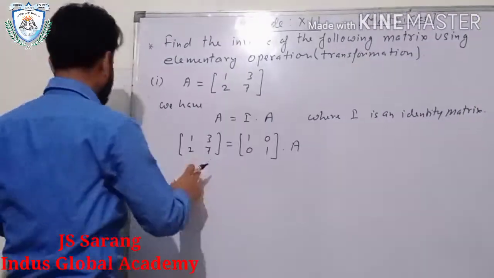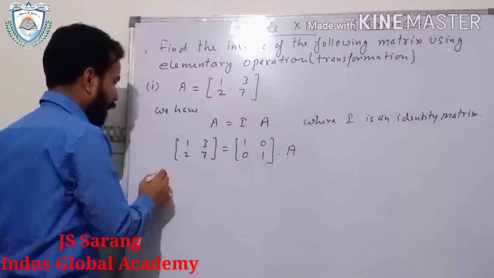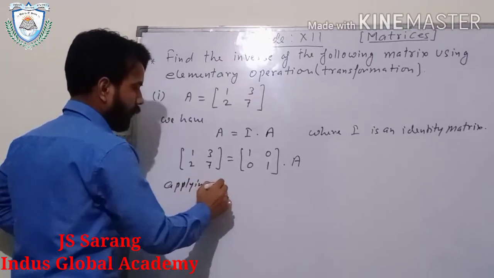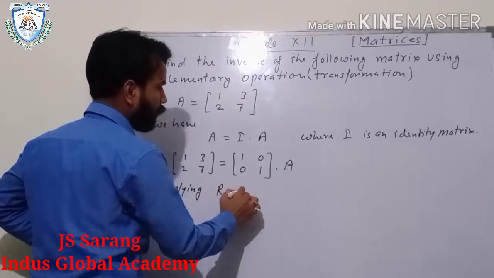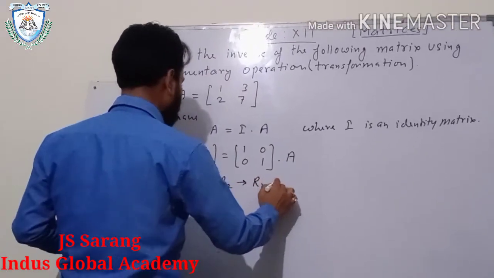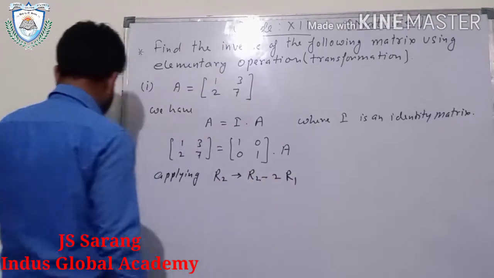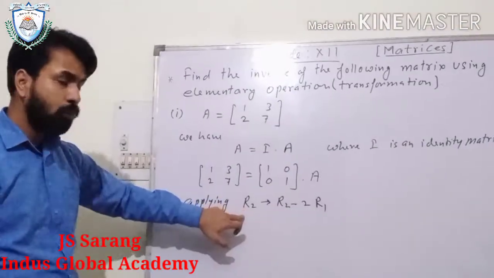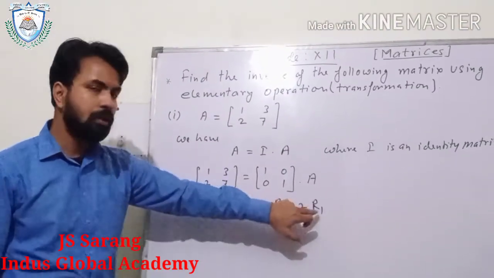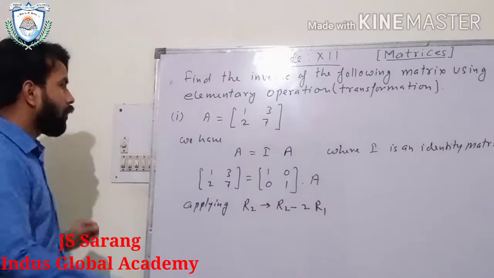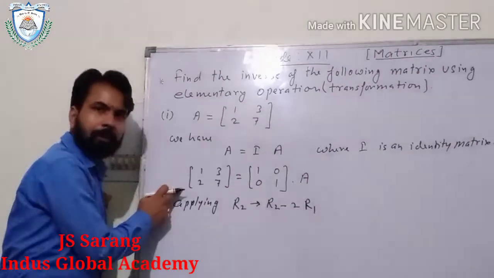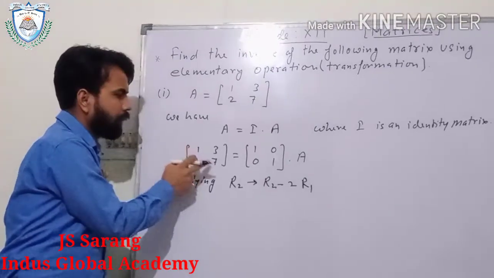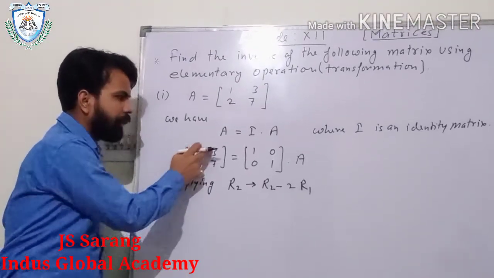So the very first operation I am applying here is R2 becomes R2 minus 2R1. I am applying the operation in R2. What operation? R2 minus 2R1. Why? Because we want to make it an identity matrix. In the identity matrix, these two elements should be 1 and these two elements should be 0.